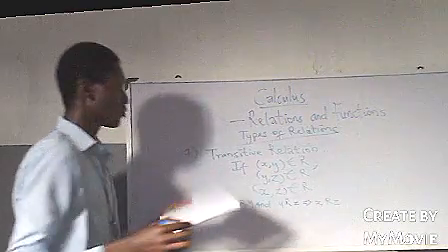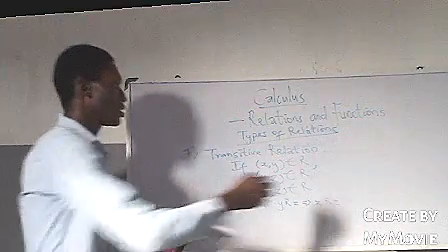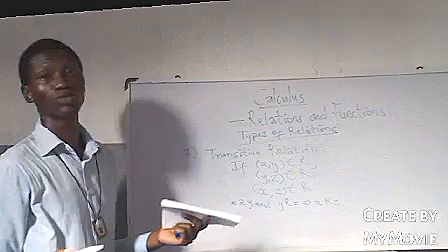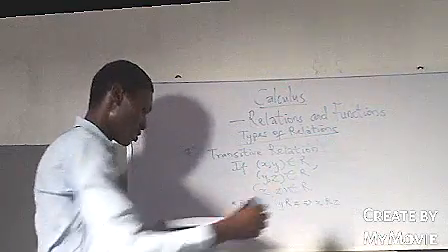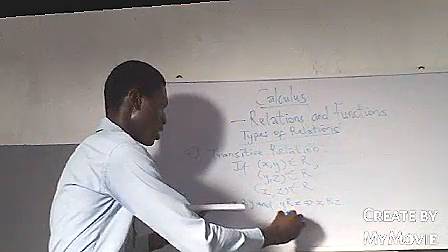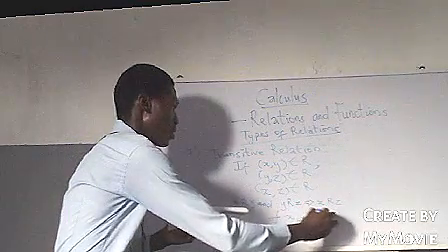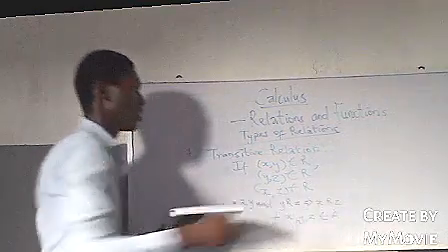Z. If X is related to Y and Y is related to Z, that gives us the conclusion that X is related to Z for all of X, Y, Z being members of set A.